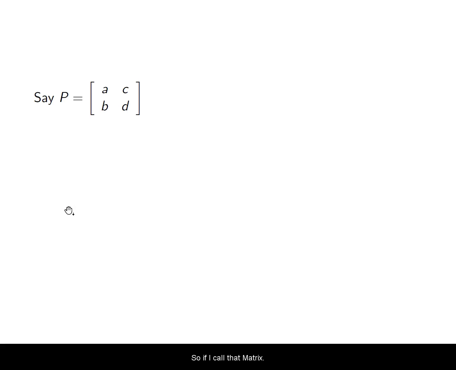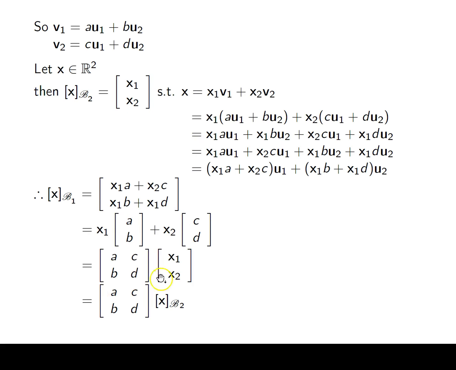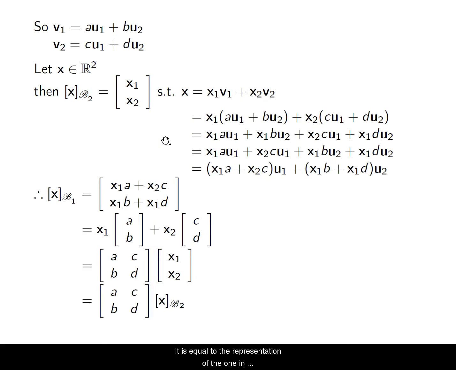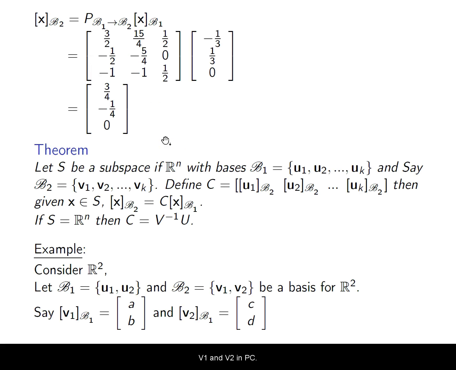Okay. So if I call that matrix P for transition matrix, it is equal to the representation of V1 in B1 and V2 in B1, which if we go back quite a few screens is what I said, right? The representation of one basis in the terms of the other.